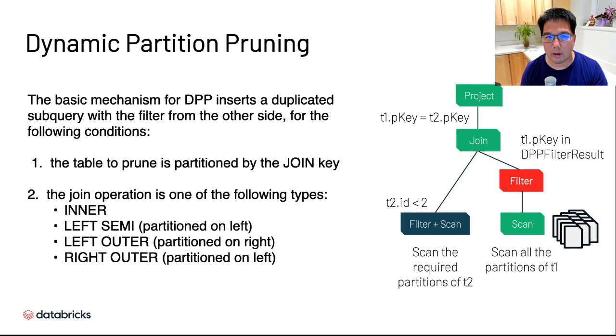One, the table to prune is partitioned by the join key, or the join operation is one of the following types: inner, left semi, left outer, and right outer. We can also enable partition pruning directly in the broadcast by using the IN clause with the subquery and using intermediate estimates.